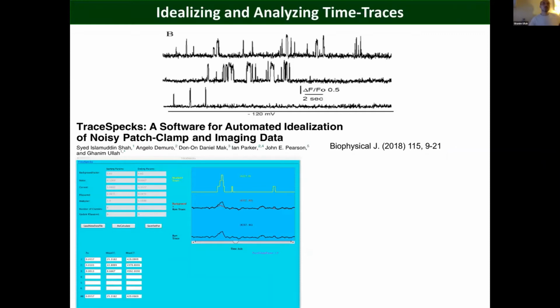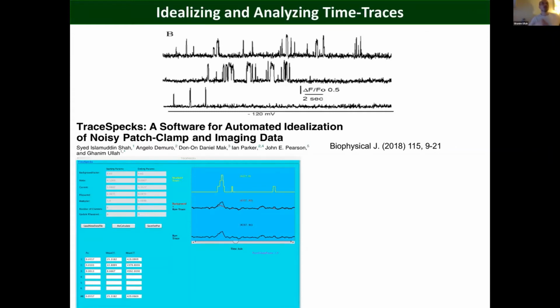Going toward the modeling interest, another thing we need for the modeling is, if you look at these traces, which come from that previous software, there is a lot of noise in it. You basically have a lot of fluctuations. You will see in the next slide that these pores actually have multiple conductance levels.